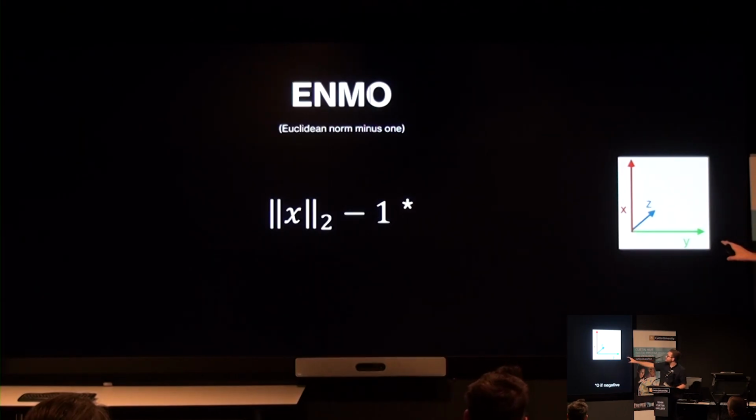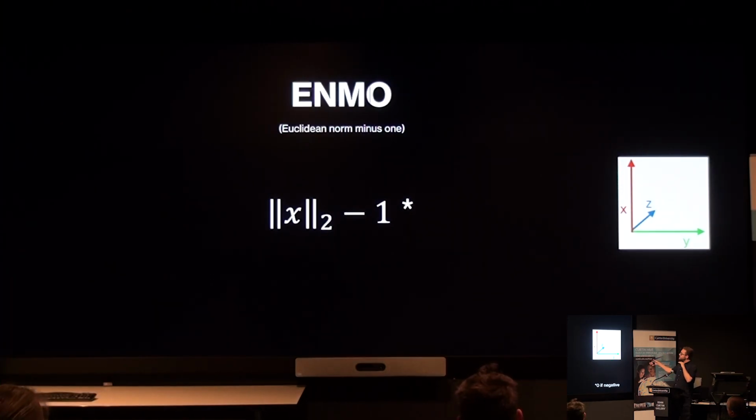One such metric is called NMO, or Euclidean norm minus 1, and essentially you're getting the amount of acceleration, and then you're offsetting for gravity. I've got a little asterisk there, but don't worry about it. Later on, you'll see the term intensity used, but just know that if it says intensity, it means NMO.